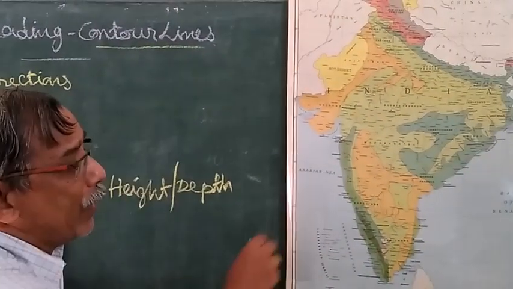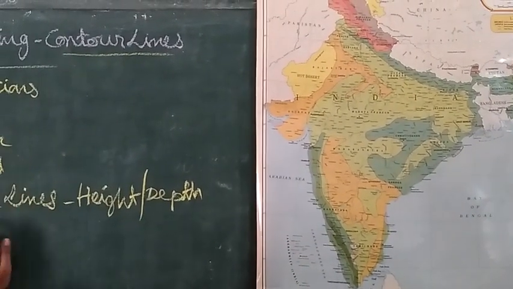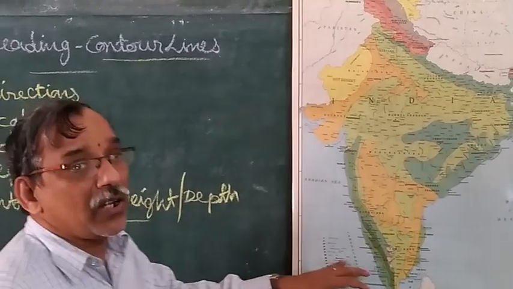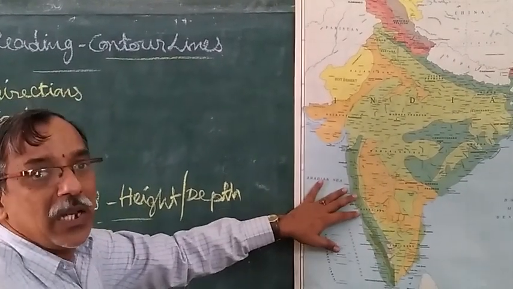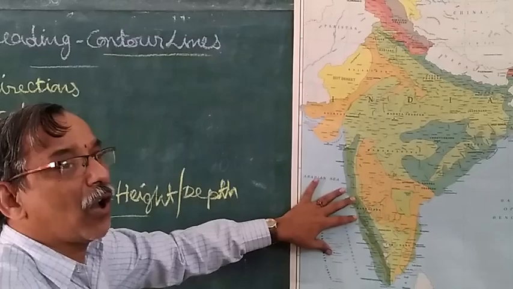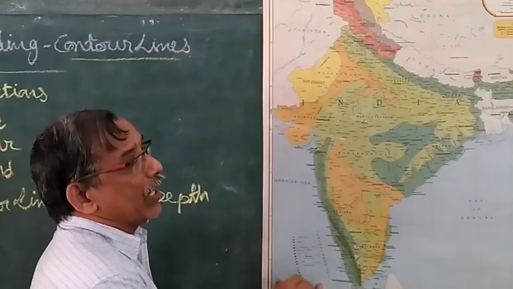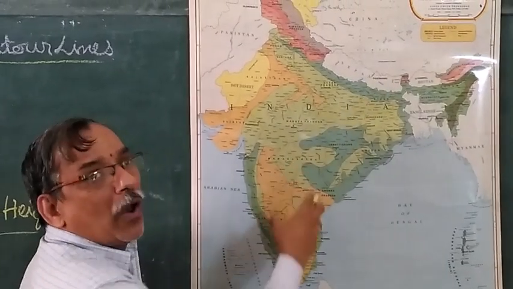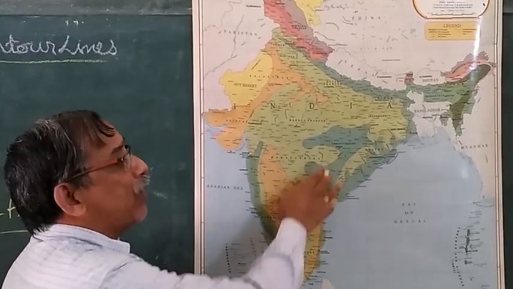Now, how can we find this out? Contour lines are the lines that join the places with equal height or depth. Suppose, for the time being, you imagine that, because the qualities of the contour line are similar to this.